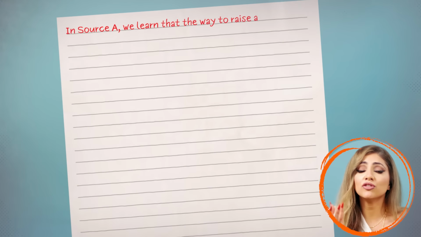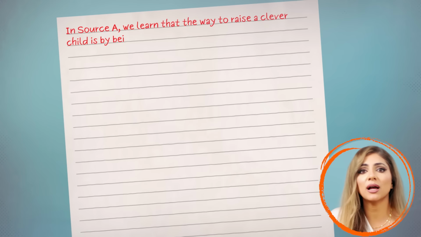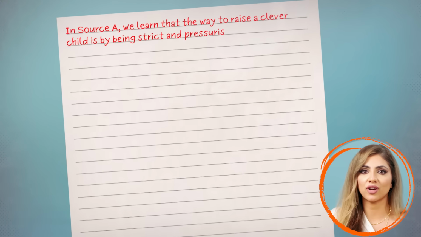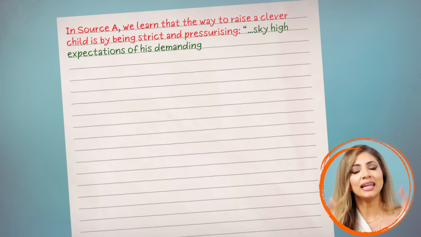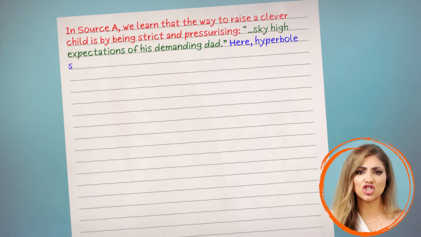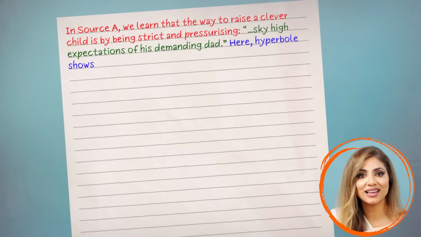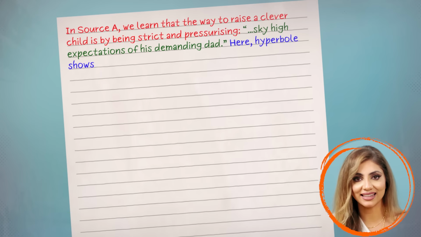In source A, we learn that the way to raise a clever child is by being strict and pressurizing, sky-high expectations of his demanding dad. Here, the hyperbole shows. No, this is no analysis, no hyperbole. This is a summary question. So we're going to cross that out and we are going to try that again.